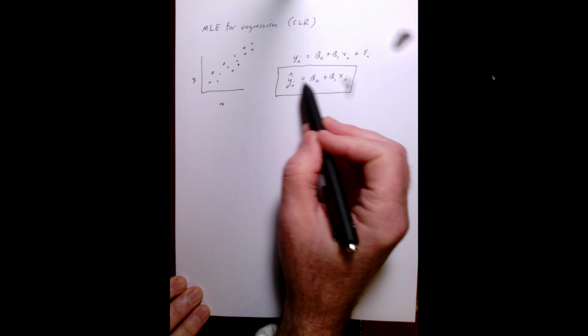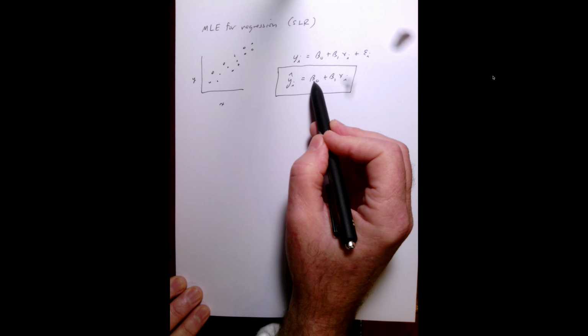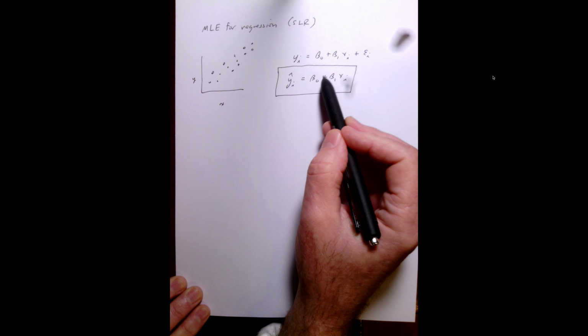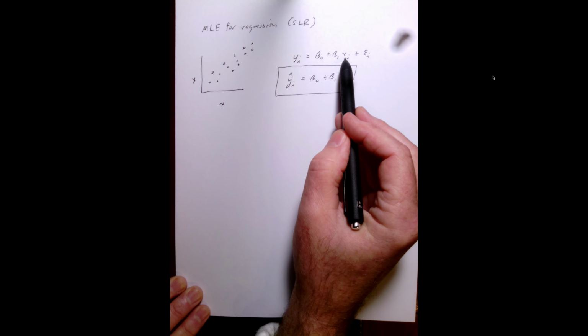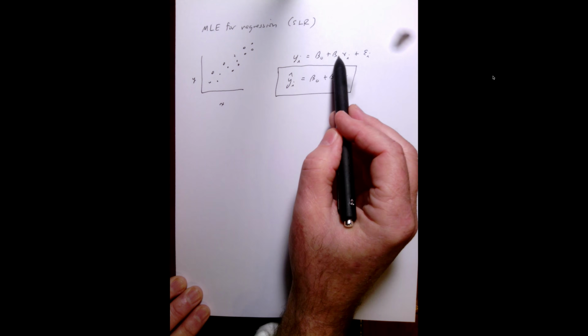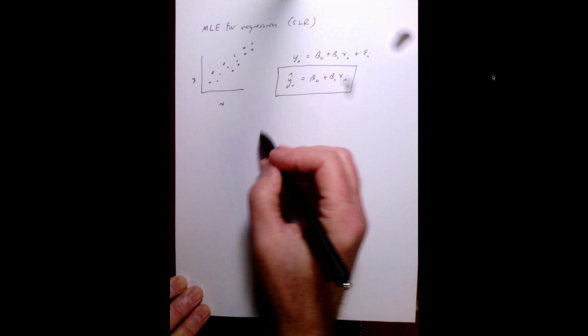We find the predicted y by inserting our x into our model, and that's our predicted value. But this y right here is the actual observed y. And to make these equal, we have an error term. We have to add or subtract something.